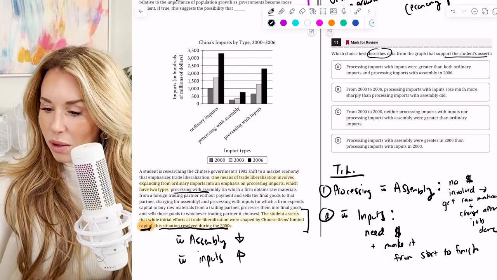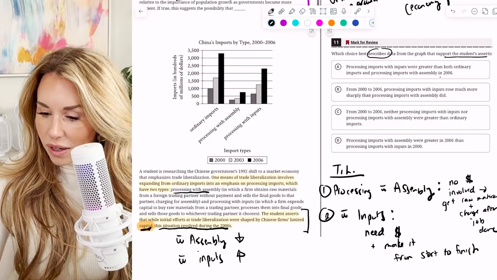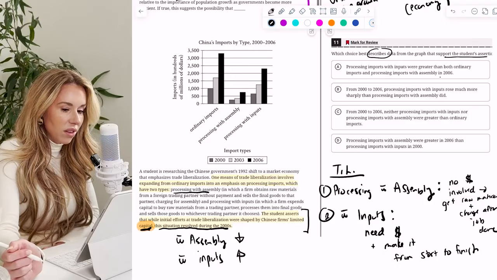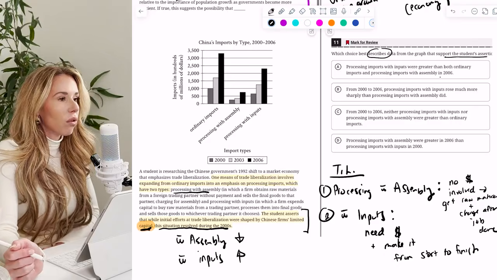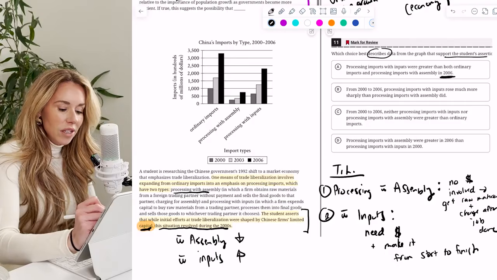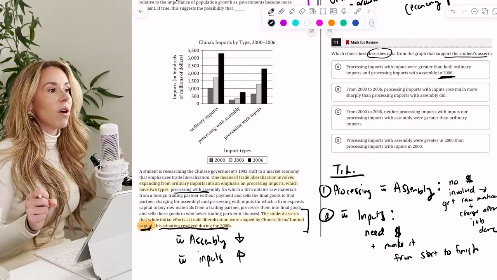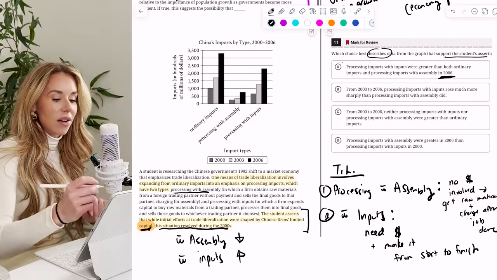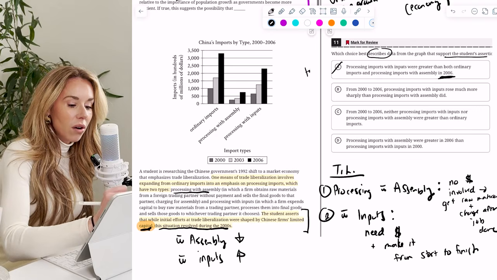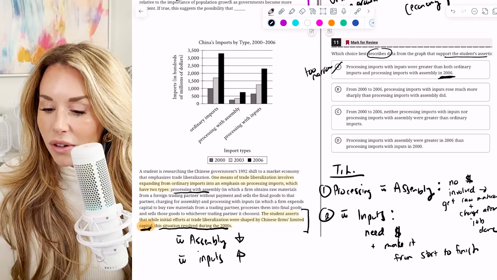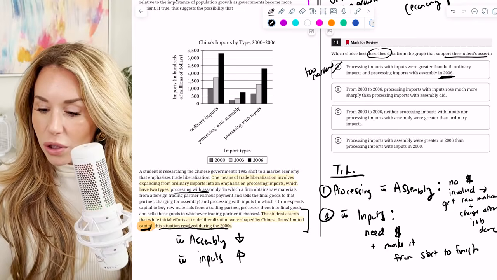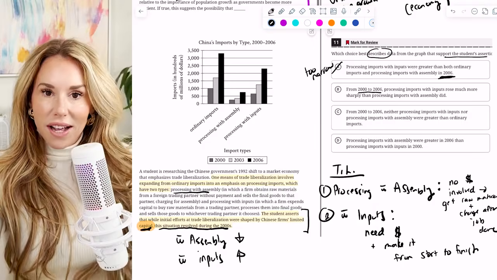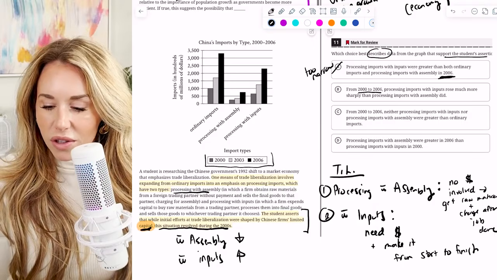Processing imports with inputs were greater than both ordinary imports and processing imports with assembly in 2006. Well, even if that's right, this is only addressing 2006, and we want it resolved during the 2000s. So that is too narrow. I'm going to get rid of A. B says from 2000 to 2006. Ooh, that's better because it's resolving in the 2000s.